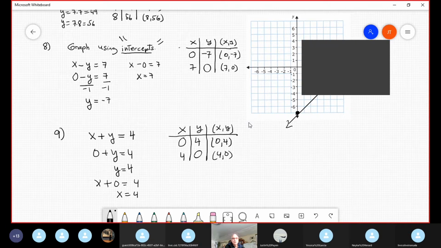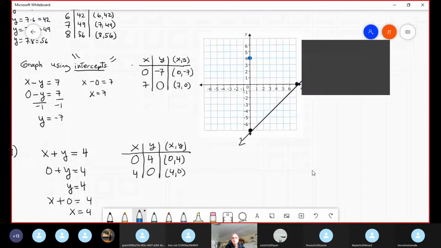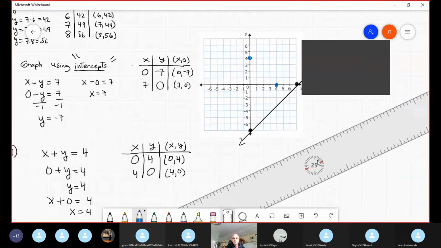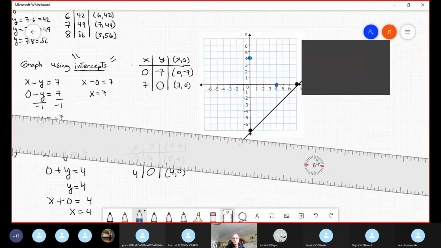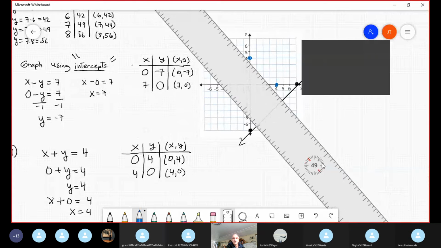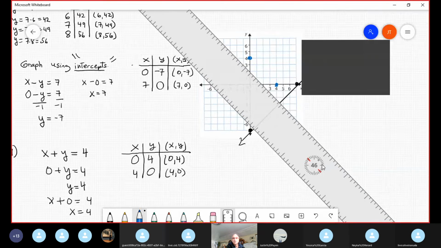Let me plot using maybe another color. 0,4 is here. And 4,0 is here. And we connect them by the line. I have 45 degrees.